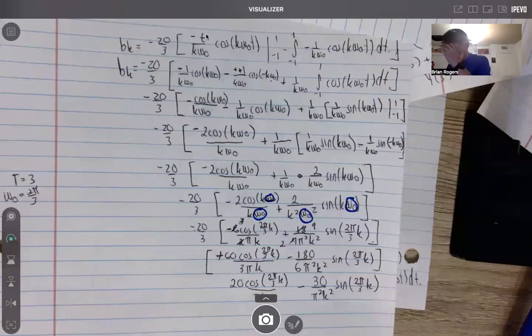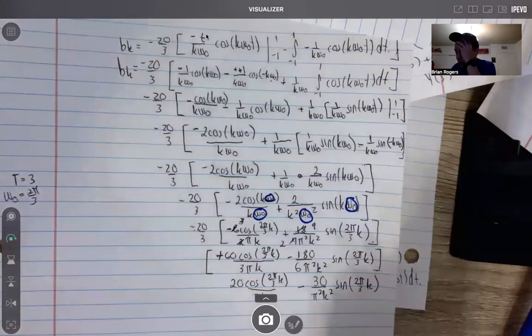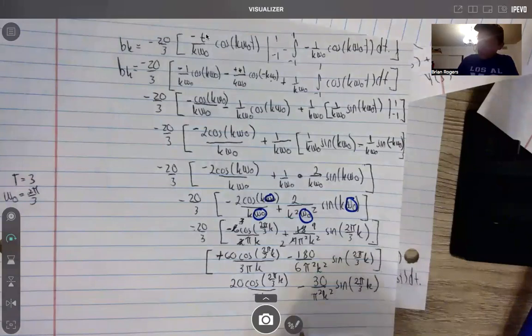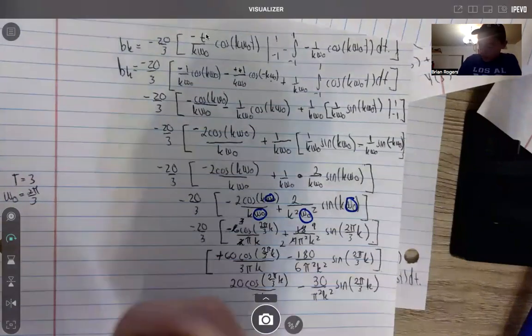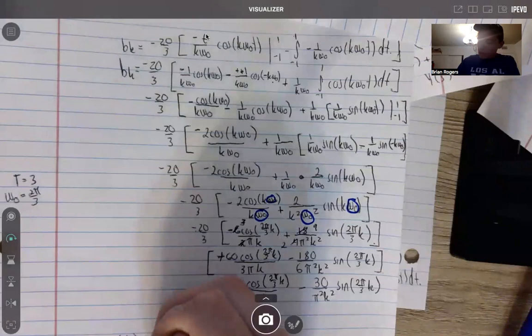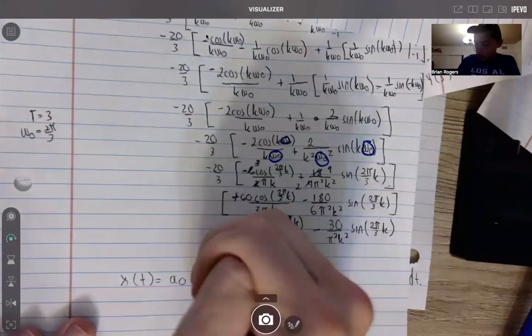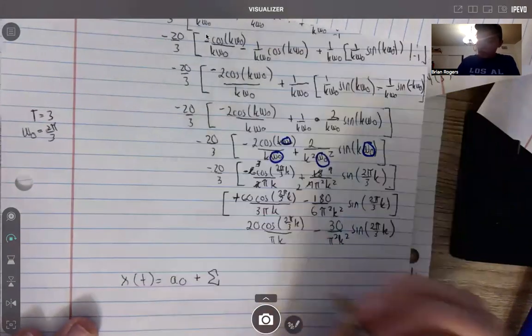And now that we got that, remember our x of t is equal to our a naught plus summation. This goes back to the sine cosine format.